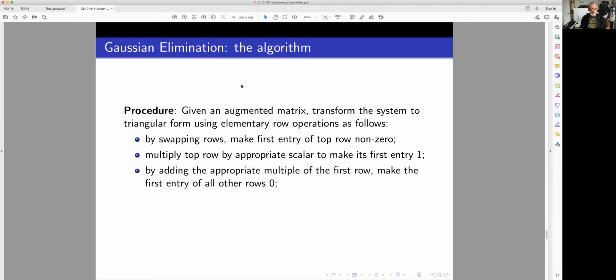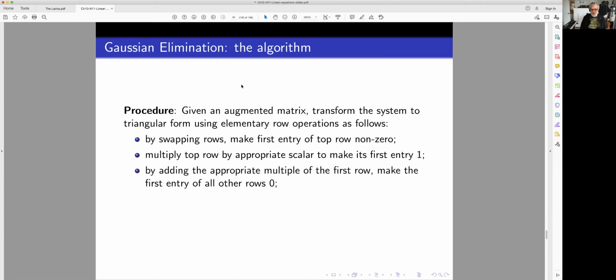And the key point now is to make all the entries below this non-zero entry, which is now a 1, zero. That's the third kind of row operation that will allow you to do this, where you add to these rows the correct multiple of the first row, okay? So now you'll have made the first column 1 and all zeros below it.